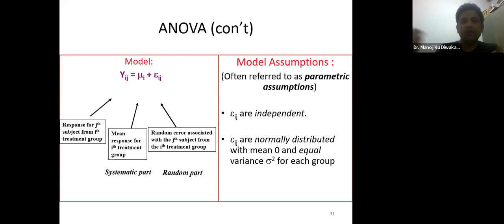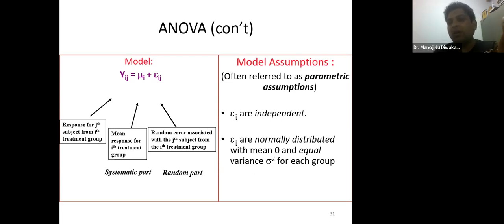The last term is the random error associated with these mean values. So this is what we are trying to understand in analysis of variance.